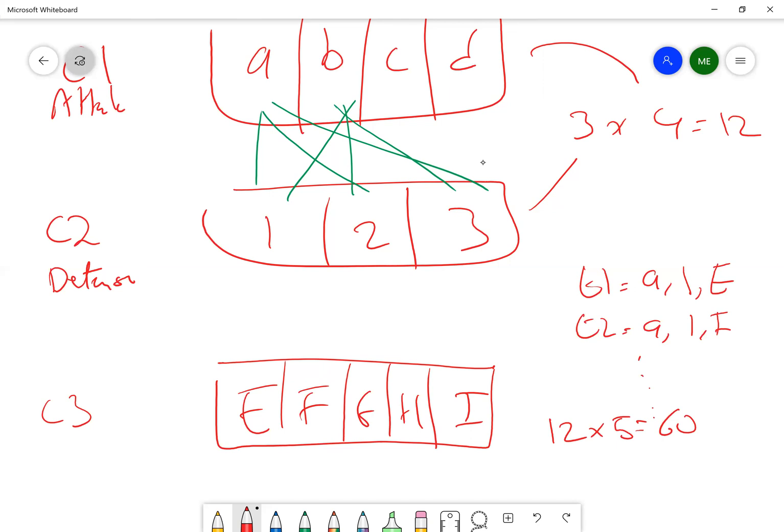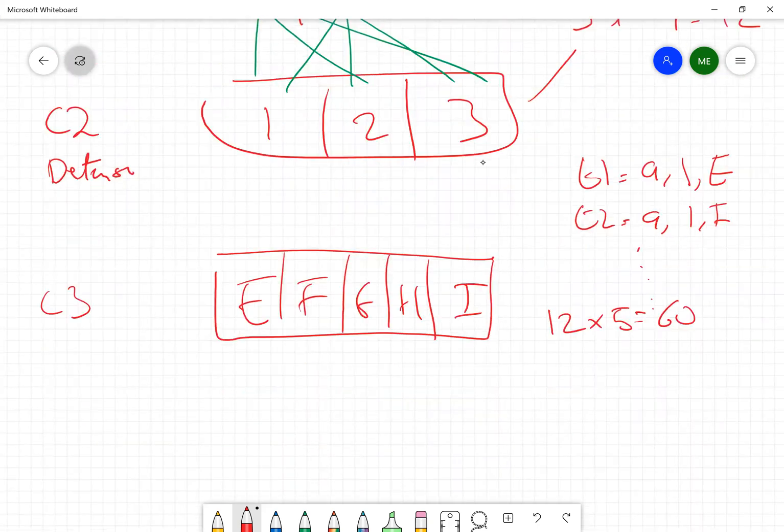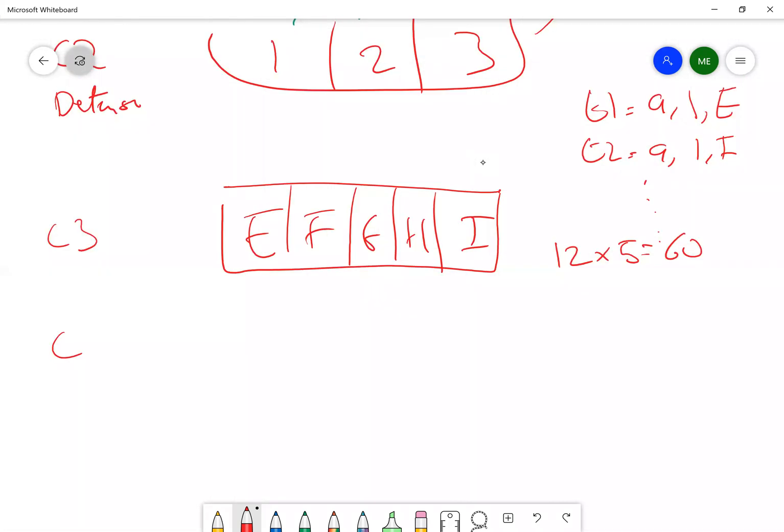Let's just say I had another small category here, C4. You can see the number starting to get bigger, right? Let's just say I have a very small category and it just goes like this, and this is 4 and 5. How many combinations do I have? I'm going to multiply this by 2.